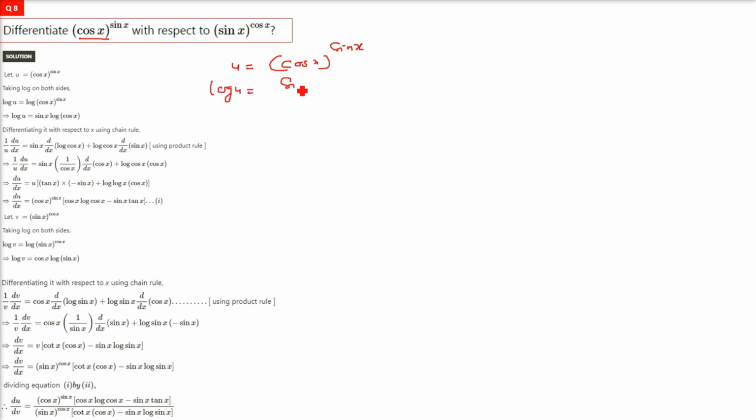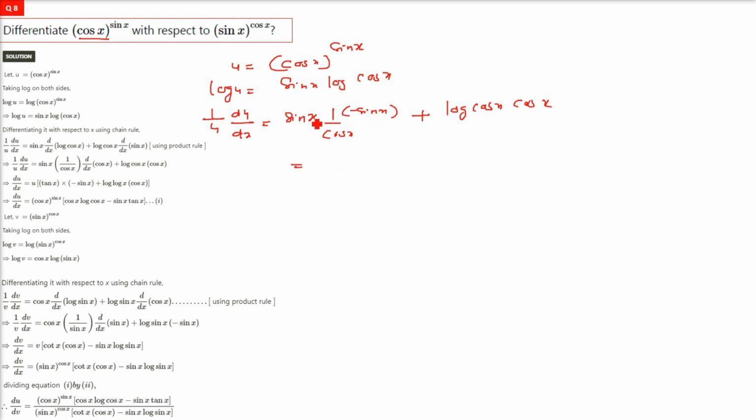Sin x log cos x. And when you differentiate this, 1 by u du by dx is equal to, now you apply the product rule here. So sin x log cos x will be 1 by cos x, cos x is minus sin x, then plus log cos x, differentiation of sin x, sin x differentiation will be cos x.